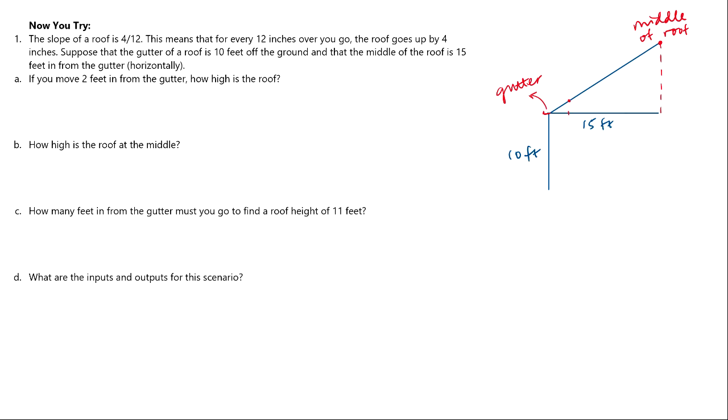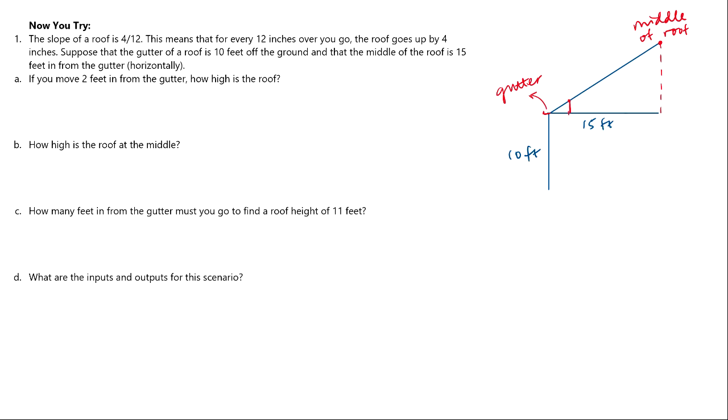But if we just think about how high this point is, we can first think about how long this little side is going to be. So essentially how high above the gutter that point of the roof is in this case. So we know we're moving 2 feet from the gutter. There are multiple approaches you can read into the slope being 4/12 over here.